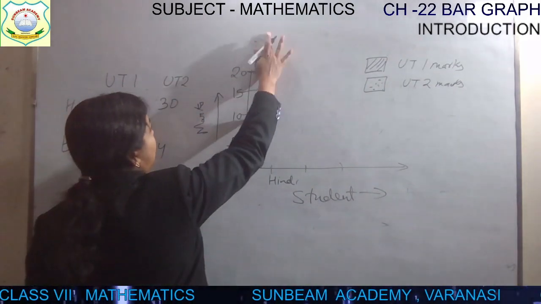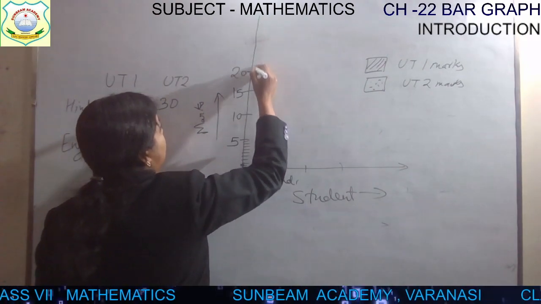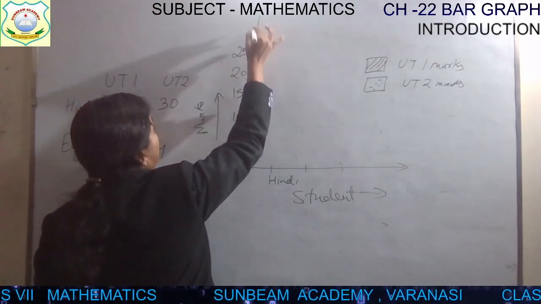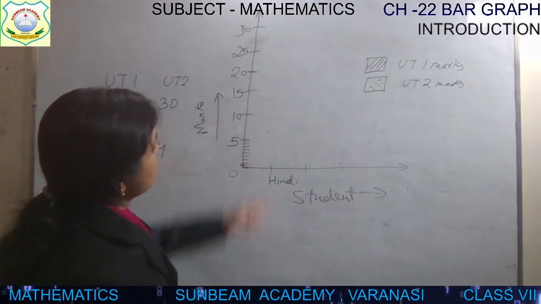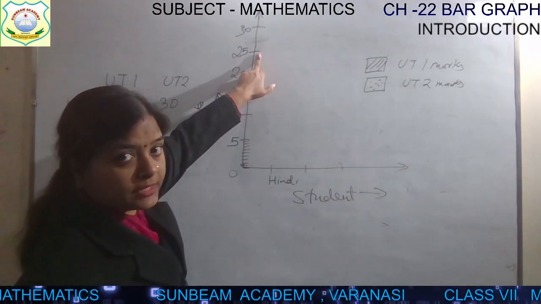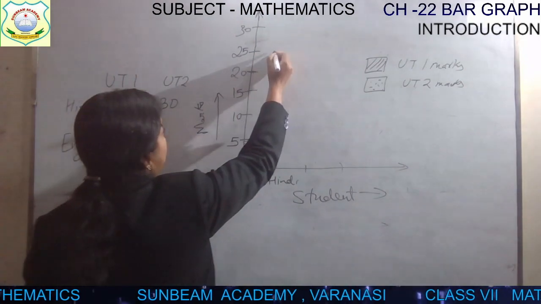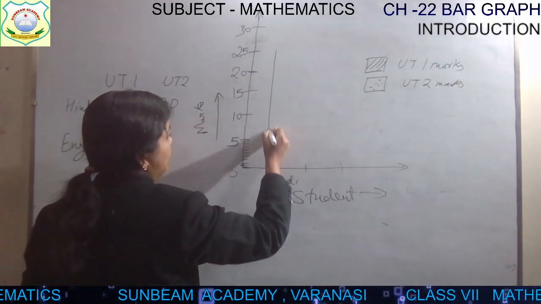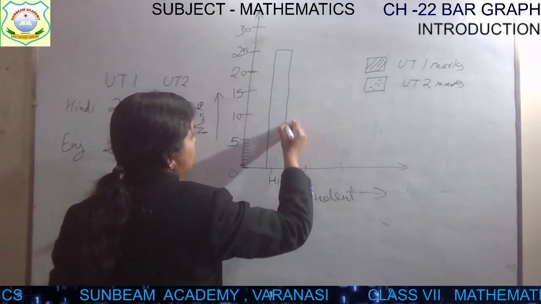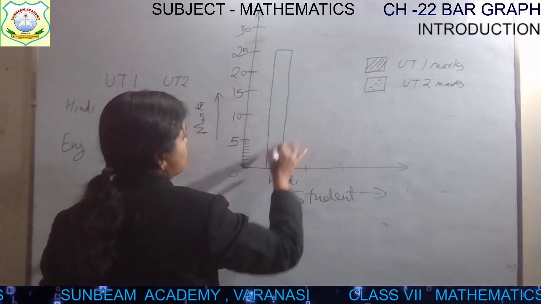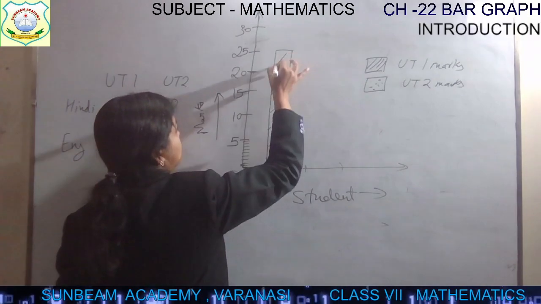So for 25 we have to go ahead 20, then 25, and this is 30. Okay, so 25 is here. This is 25. So parallelly we will draw a bar graph with scale, children. Always use scale. And then equal width. This is UT1 marks. ऐसे.